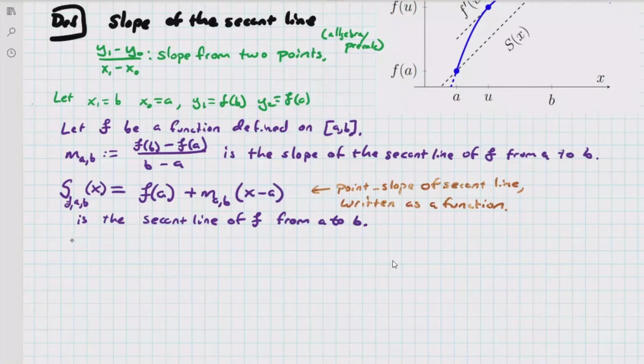And if f, a, and b are unambiguous, then we write just S of x.